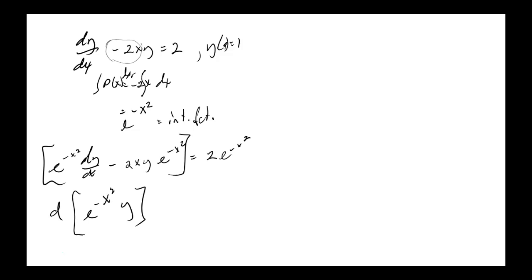Okay? Because the derivative of this is minus 2x e to the minus x squared and then times y, the function there. Okay.